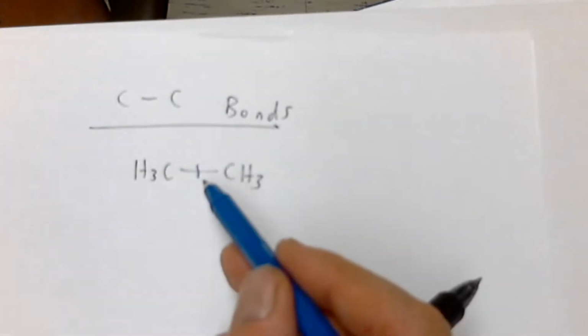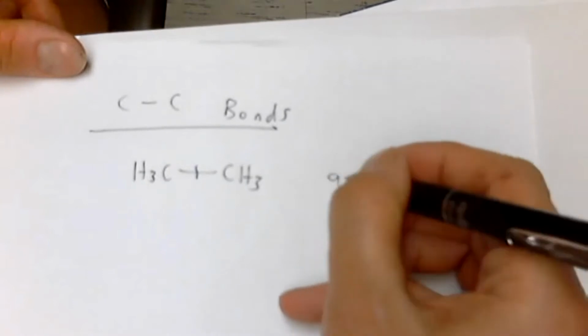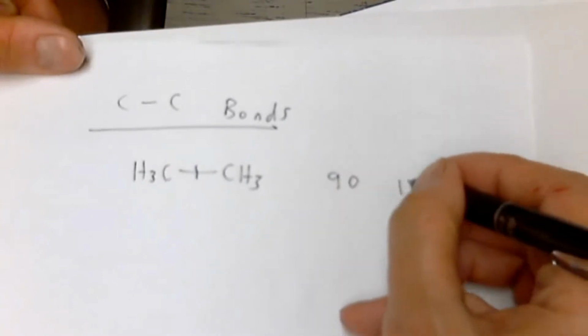So that's a little squiggly again, between the two carbons. This is about 90 kilocalories per mole.